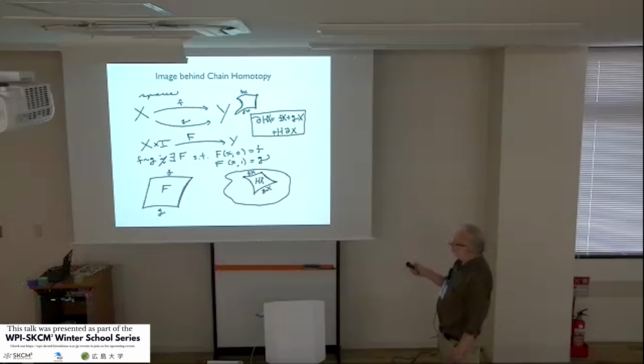We say the two maps are homotopic to one another if there is an H, which takes us from this one up to this one by shifting up one dimension, because this is higher dimensional, and satisfies boundary H minus H boundary equals F plus G, or the other way around. I should have said all this not true.